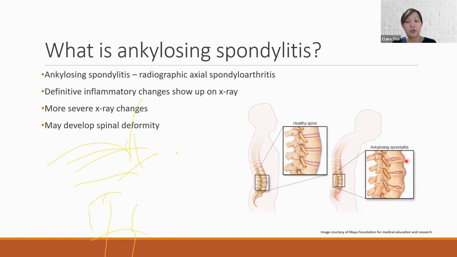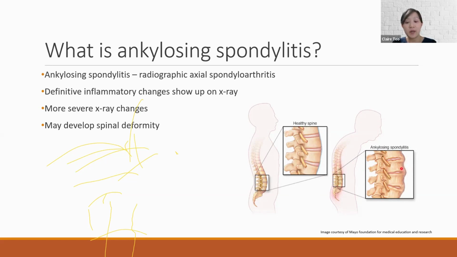And the new bone gradually bridges the gaps. There are actually supposed to be gaps here between the two bones. But when new bone forms with persistent inflammation in AS, the new bone gradually bridges the gaps between the vertebra and eventually fuses sections of the vertebra, which are the different bones, together.